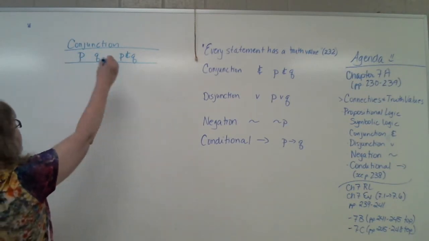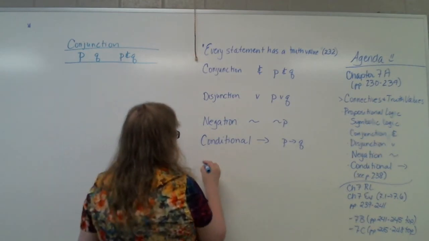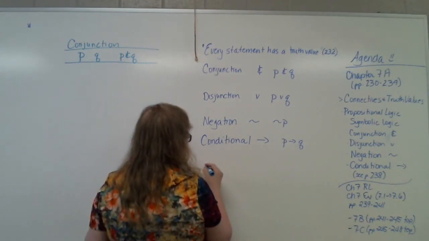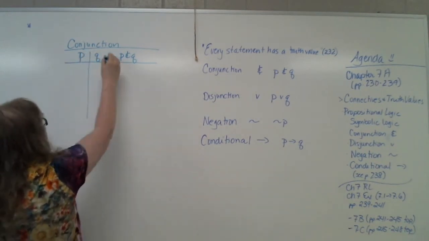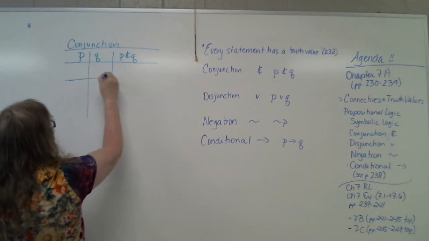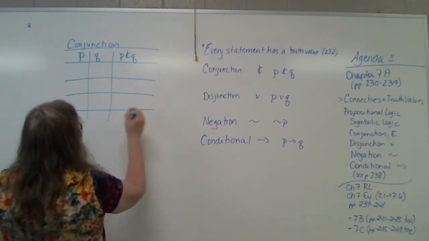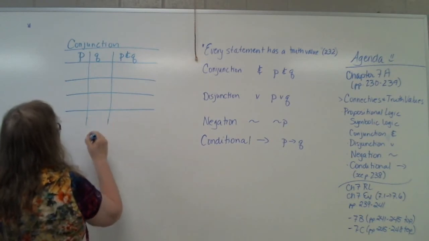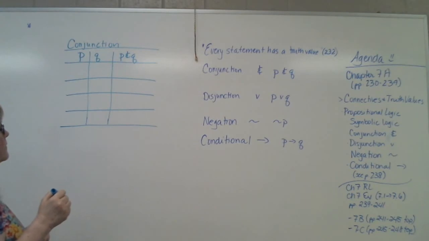So when I look at this, I'm going to put this over here so I can move it up. If I'm trying to figure out my truth table, a truth table really is a grid. I didn't give my bottom row very much room, did I? But that's okay.